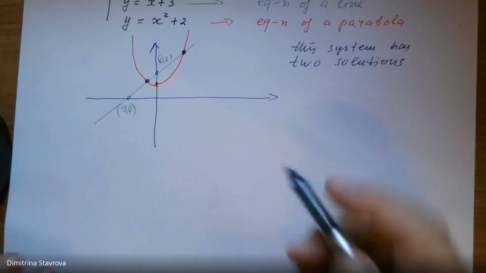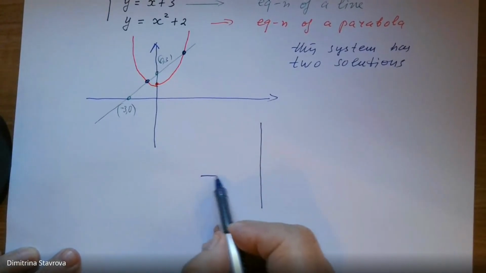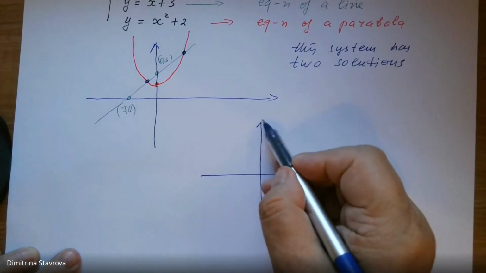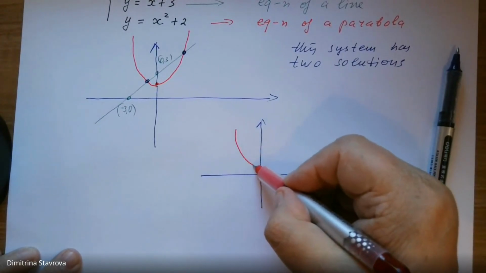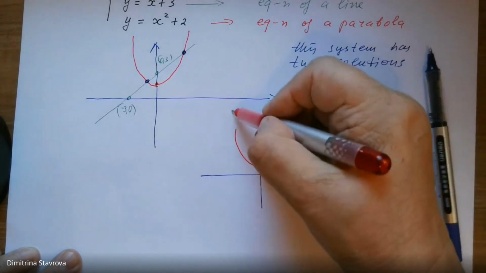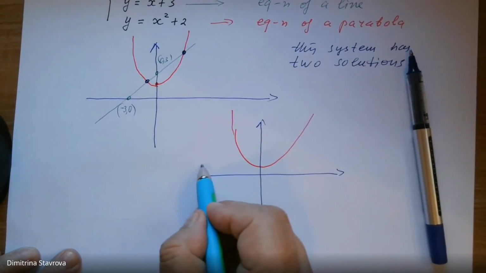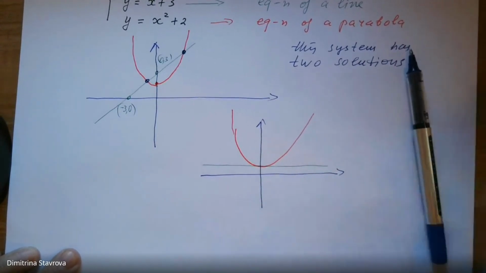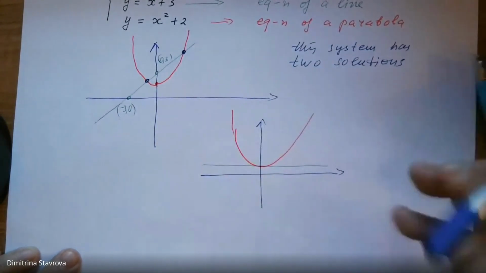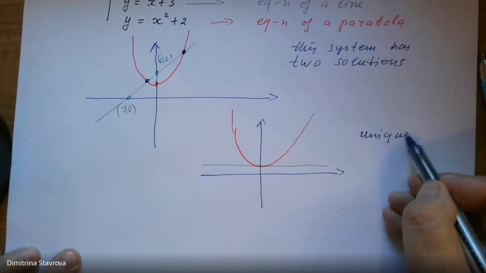And let us just draw what else we can have. Just for the sake of drawing, let's have the same parabola, and we can have a tangent line, hence a system with a unique solution.